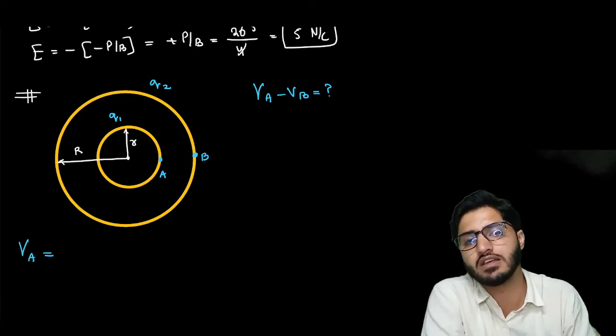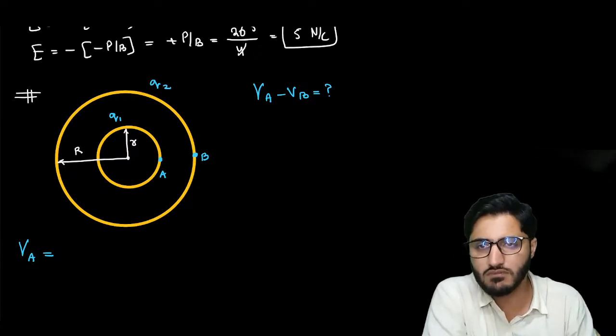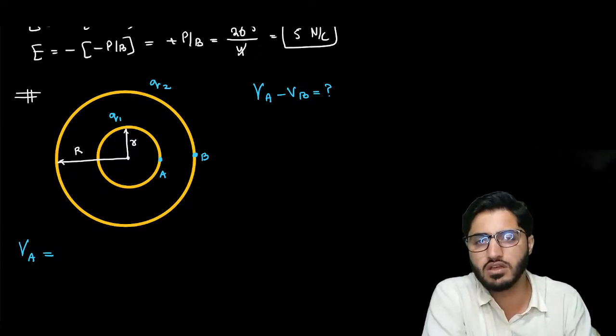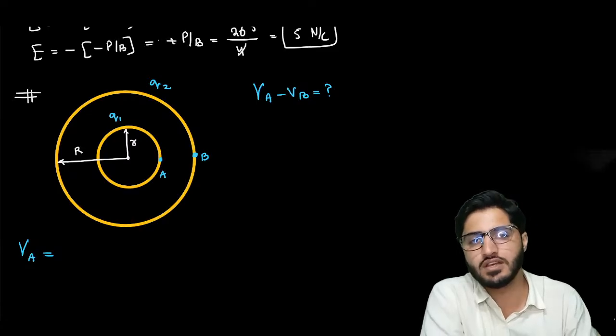To get VA minus VB, I need to firstly find VA. Okay, VA. What is VA? Look, you can see here, no? You can see here, look, this one.